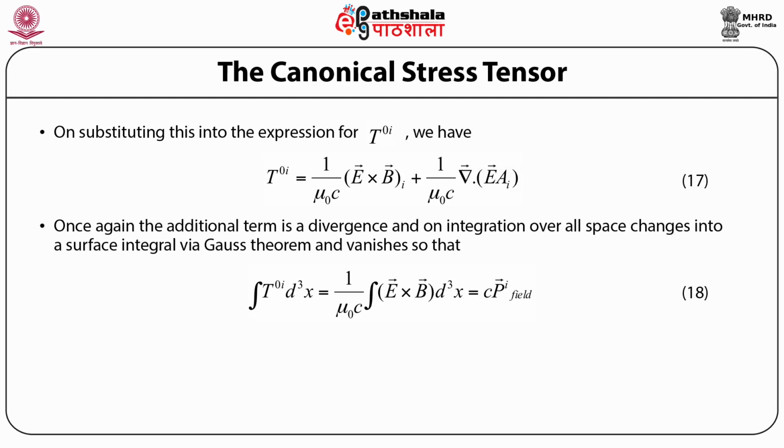Similarly, T^i0 is equals to 1/(μ₀c) (E × B)_i plus 1/(μ₀c) (∇ × φB)_i minus ∂/∂x⁰ (φE_i).